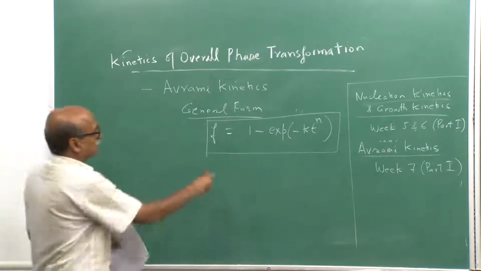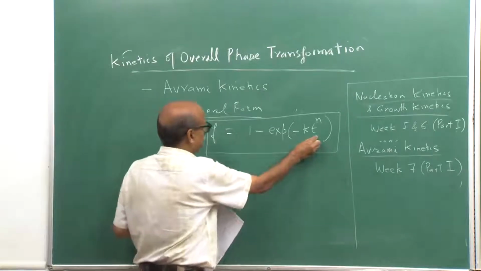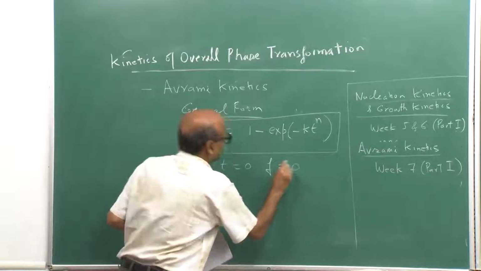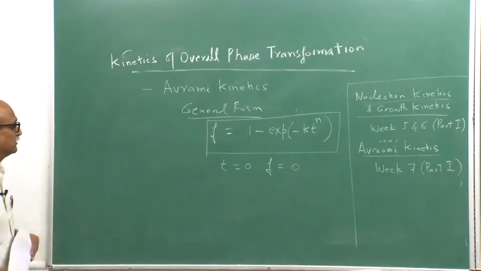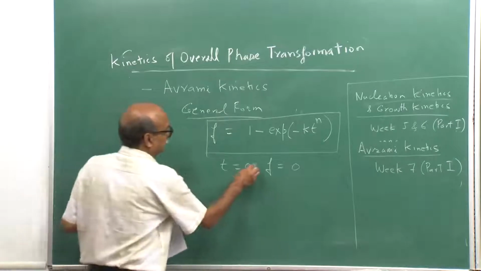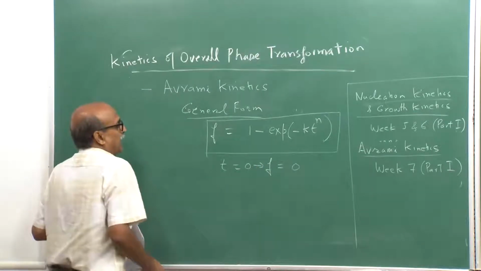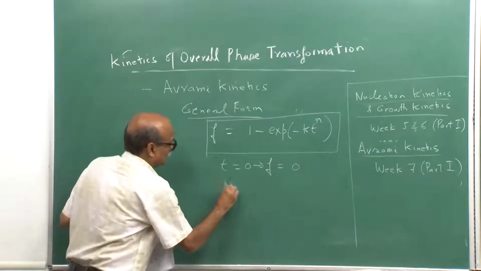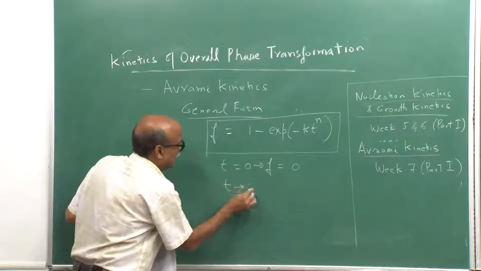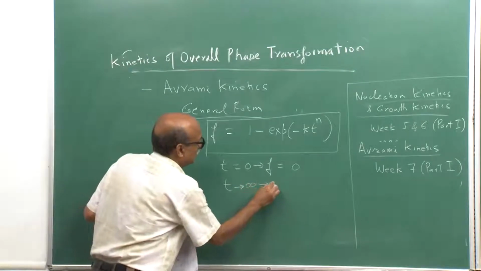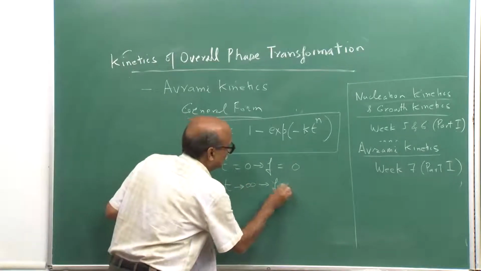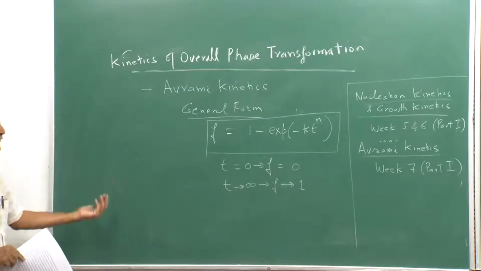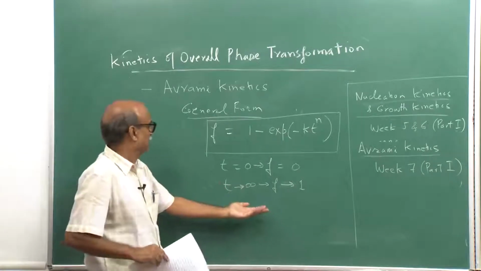Very briefly, if you will notice, when time t is equal to 0, the fraction transformed as expected has to be 0. And when does 100% transformation take place? Well, that only takes place as time t tends to infinity, then f tends to 1, the fraction, complete 100% transformation from alpha to the beta phase.